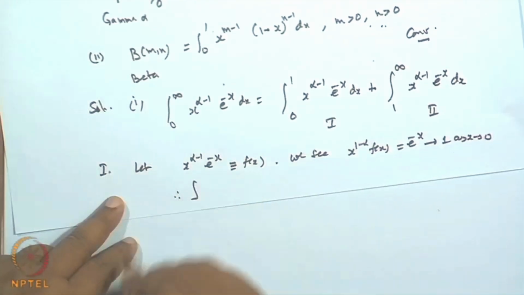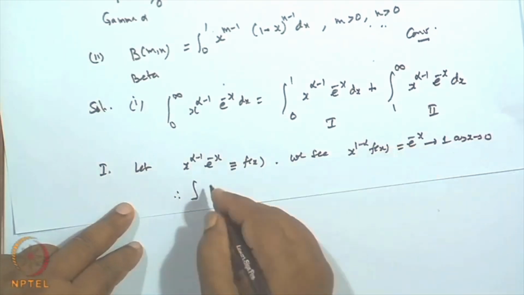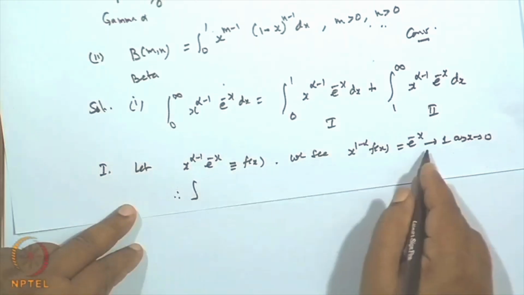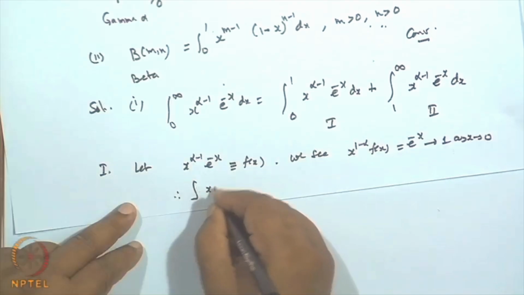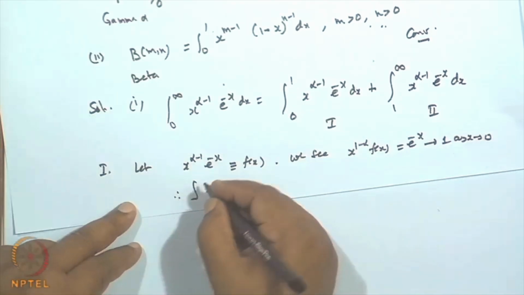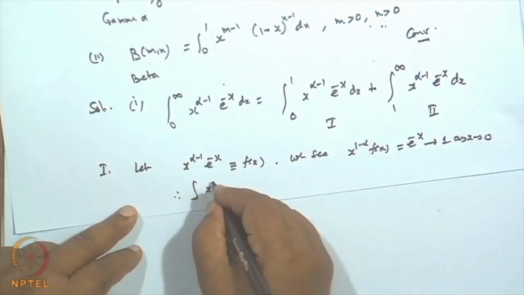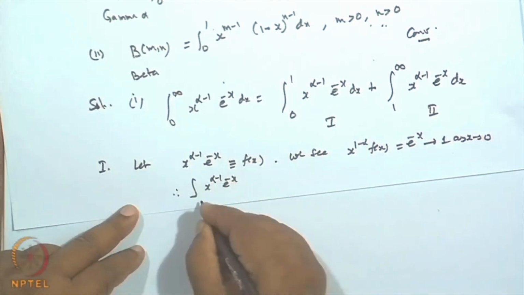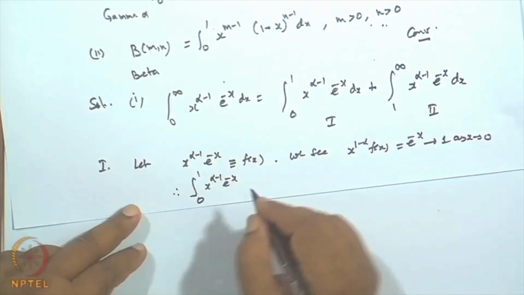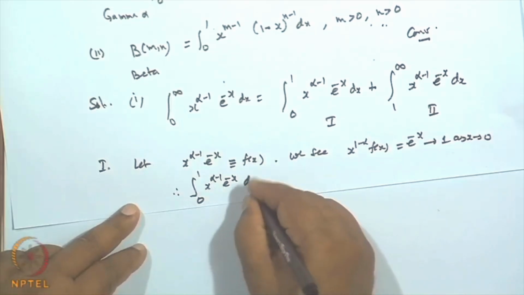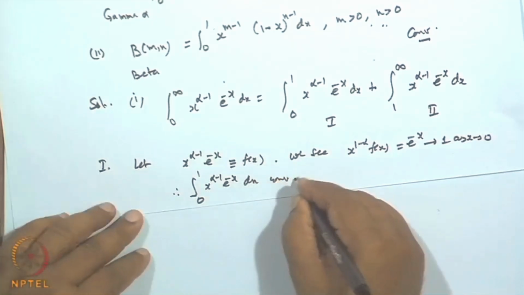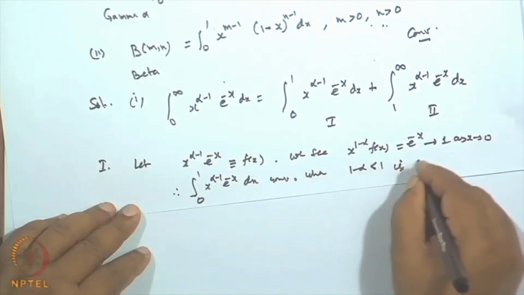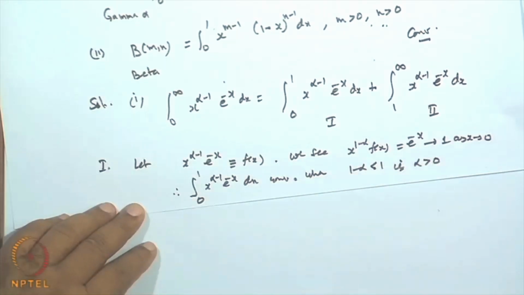Therefore the integral of f(x) dx, x to the power alpha minus 1 e to the power minus x from 0 to 1, converges when 1 minus alpha is less than 1, that is, alpha is greater than 0.